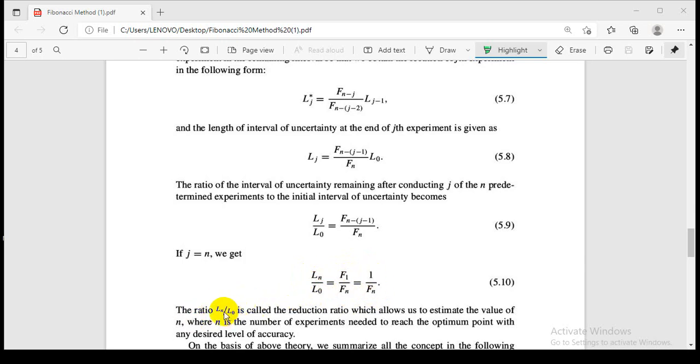The ratio Ln over L0 is called the reduction ratio, which is used to estimate the value of n, where n is the number of experiments needed to reach the optimum point with any desired level of accuracy.